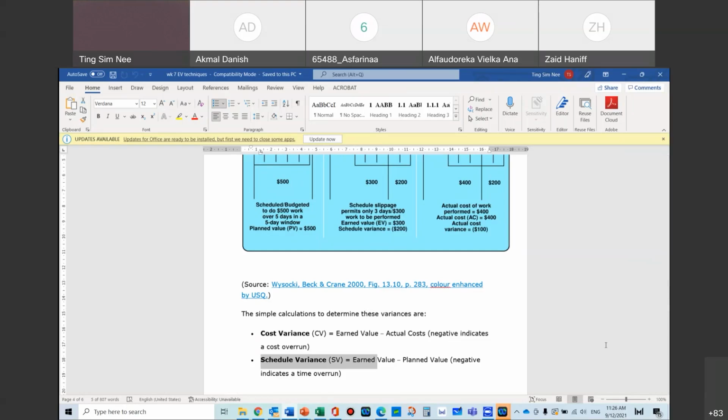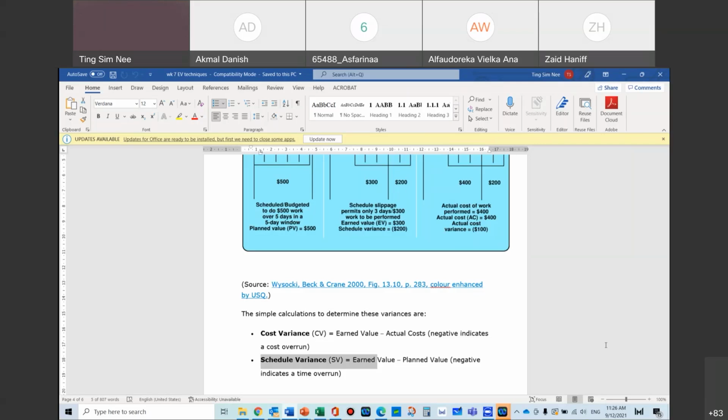So draw your S-curve at the time that you're supposed to look at the project. You need to go back to the site with all the site information that you get as a project manager, your report, the site daily report and all that. You will know the percentage of work that was done.